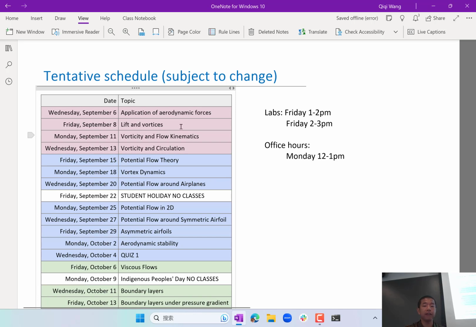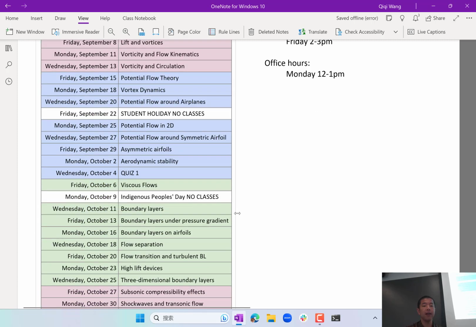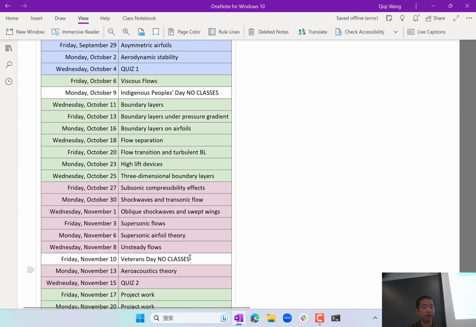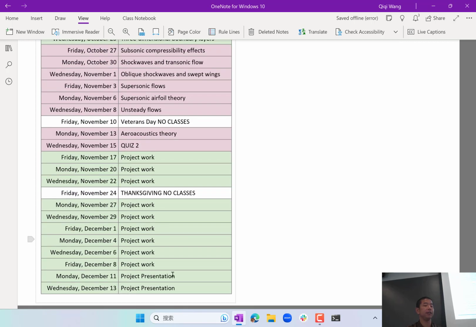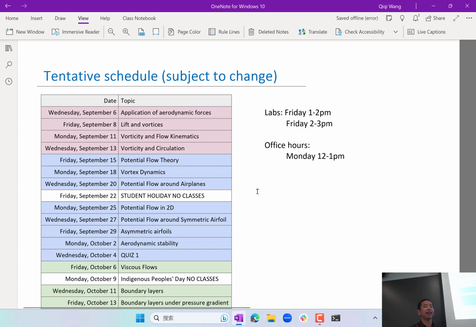We'll be talking about lift and the vortices, and the different colors are different parts of the class. We'll have a potential flow over here, like inviscid flow over here, viscous flow and the compressible flow, and then there is project work. All right, so you can find the tentative schedule on the OneNote.